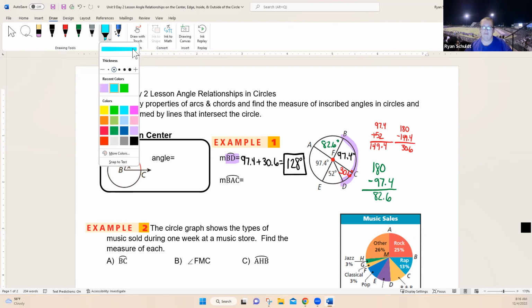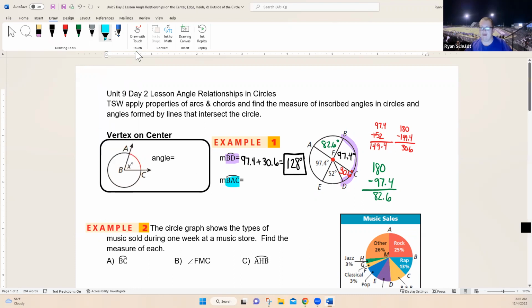Then they ask us about BAC. Since there are three letters here, we have to go the long way around. We start at B, hit A, go around to C. So I need to add 82.6 plus 97.4 plus 52 plus 30.6.